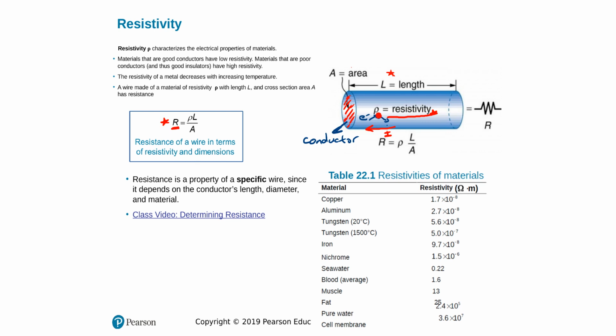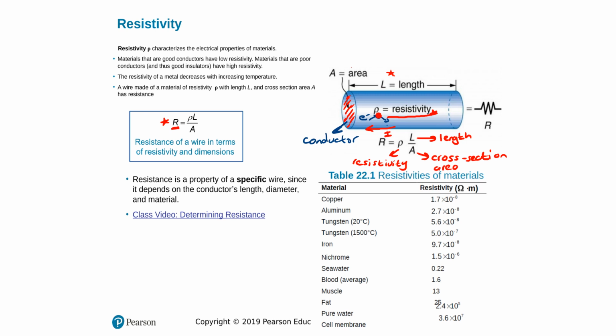Here, as I've defined here, L is the length, as you see in the picture. A is the cross-section area. And rho is the resistivity. Depends on which type of material we are using.